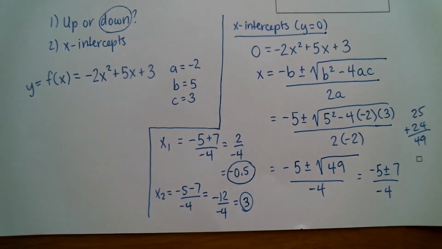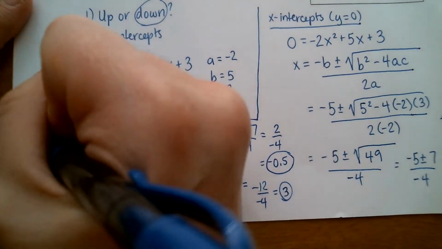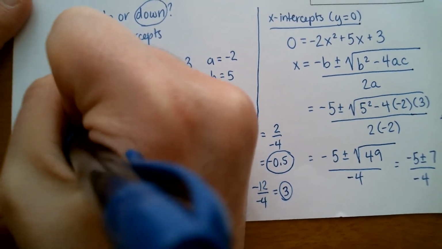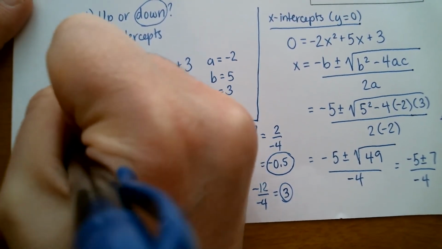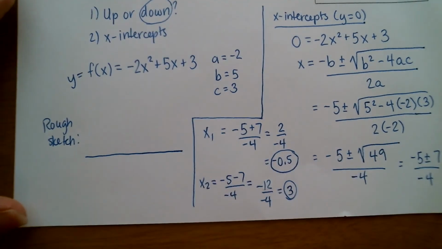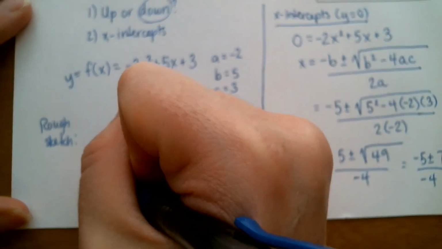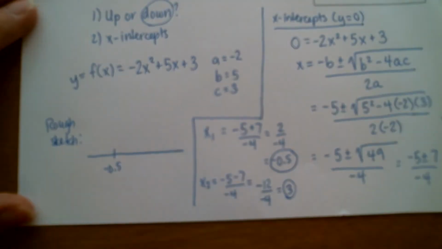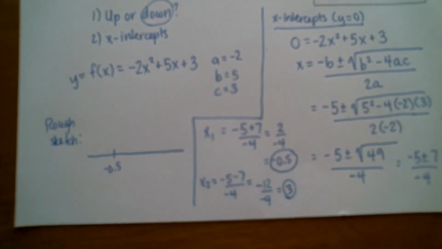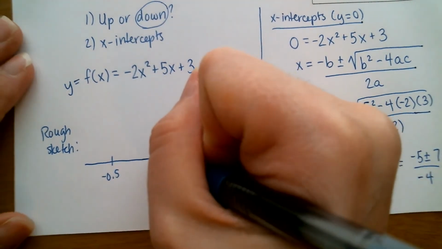We are ready for a rough sketch. I'm only going to draw the x-axis here. I'm going to put my x-intercepts on in order from left to right: negative 0.5, which is the same thing as negative 1/2, and then positive 3.